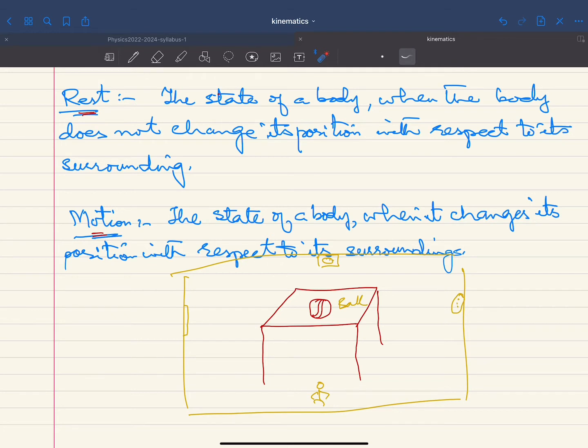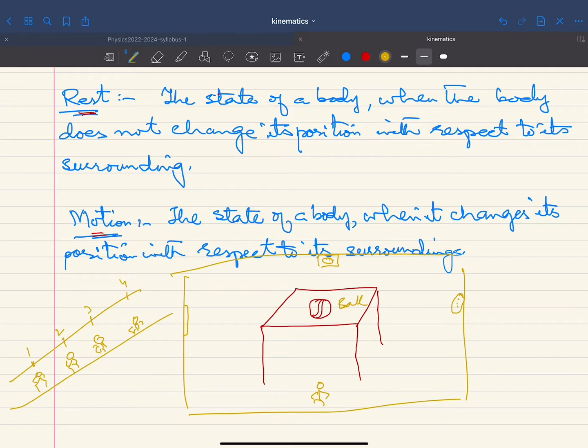So how do you define motion? Simply you can say, the state of a body when it changes its position with respect to its surrounding. Yani suppose you are moving on a road and your position is changing constantly, and after a few minutes you change your position from position 1 to 3, 4.